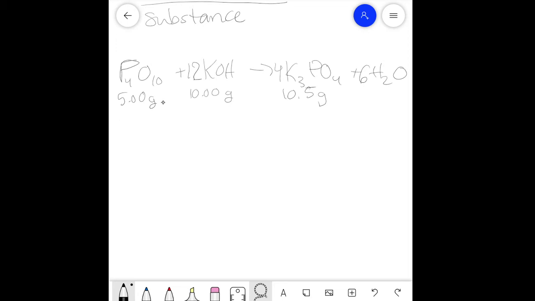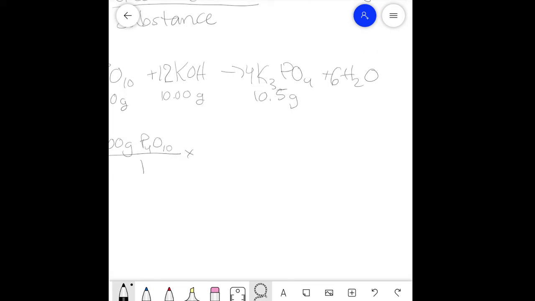So we're going to start with this first reactant of phosphorus oxide. So that'd be 5 grams of P4O10 over 1. Get the molar mass of that, which is 283.88 grams of phosphorus oxide over 1 mole of it.